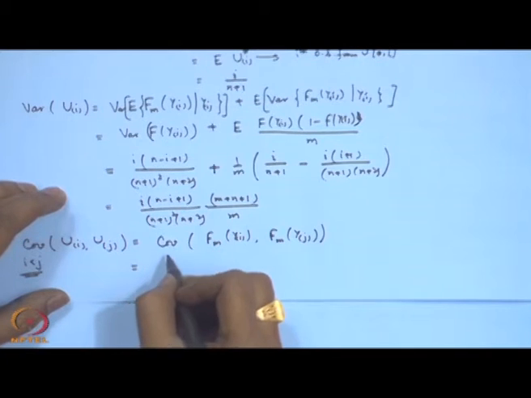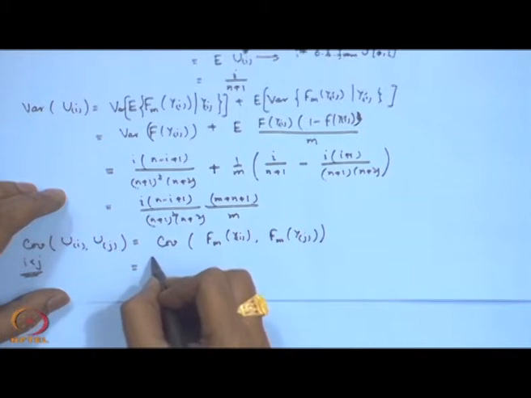Once again we can write it as the covariance of the expectations plus the expectation of the covariance.